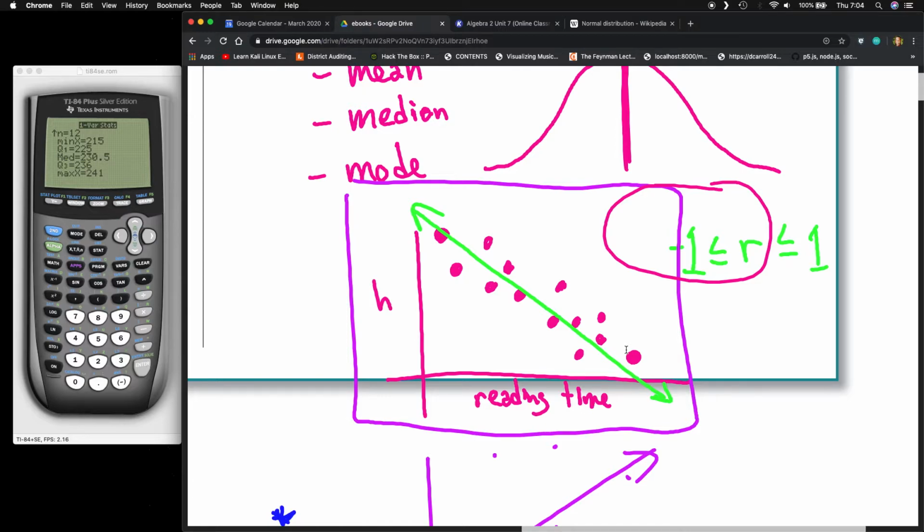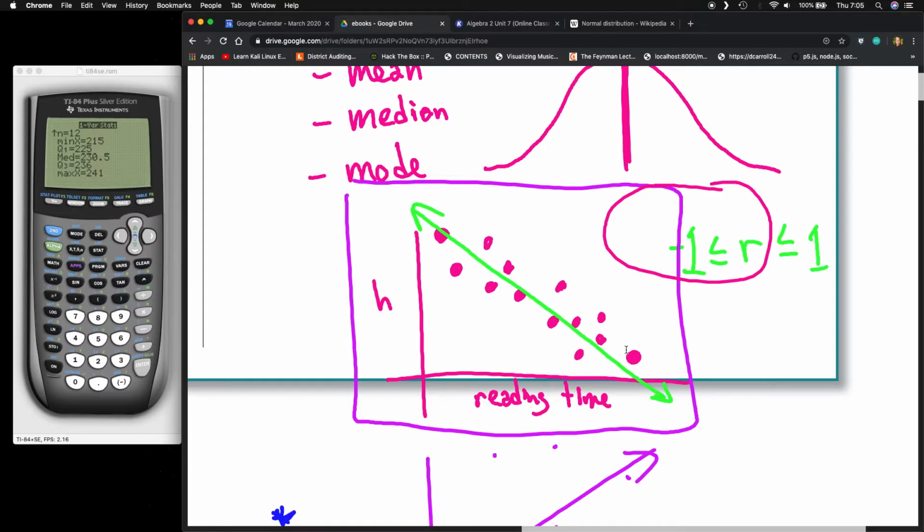It just so happened in this particular data set that we had this strong correlation. There could be many faults, or there might not be faults at all. Maybe there is a super high correlation, but we still cannot say that reading time causes stunting in growth. So there are many underlying factors there.